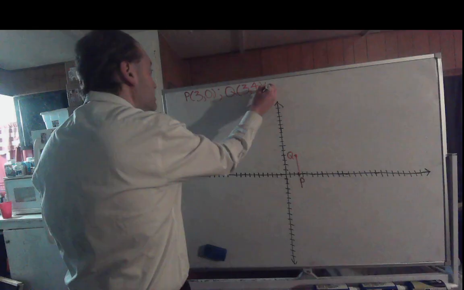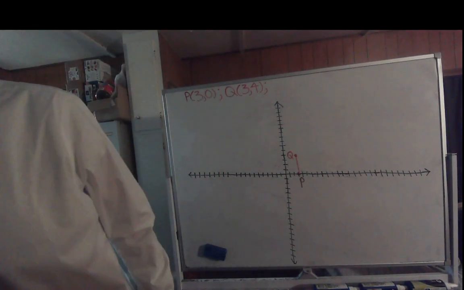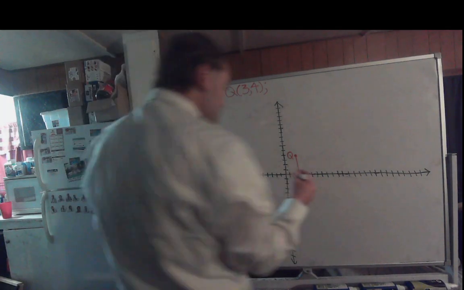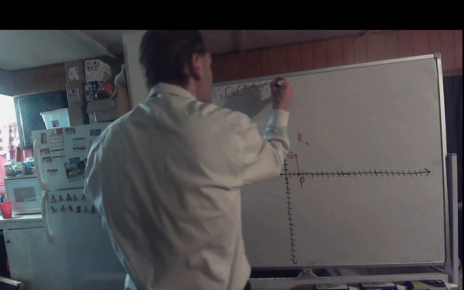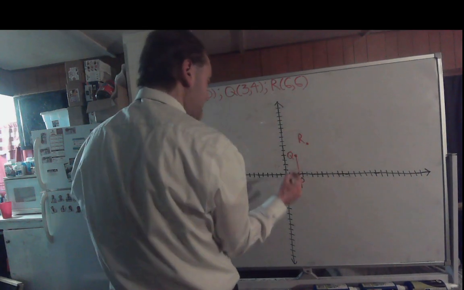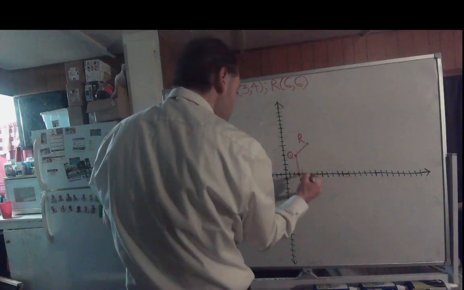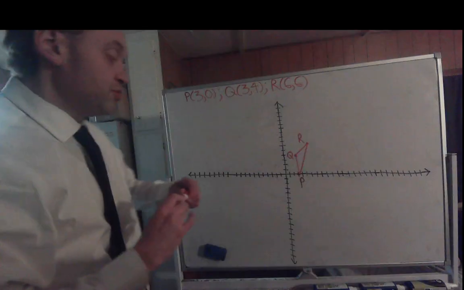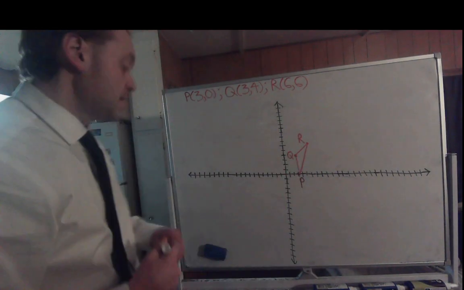Then let's just deal with R. R is going to be at 6, 6. So R has the point 6, 6. So let's go ahead and make our triangles. So there's triangle PQR.